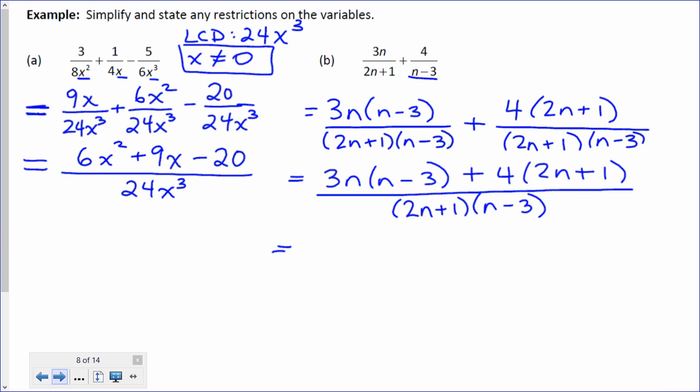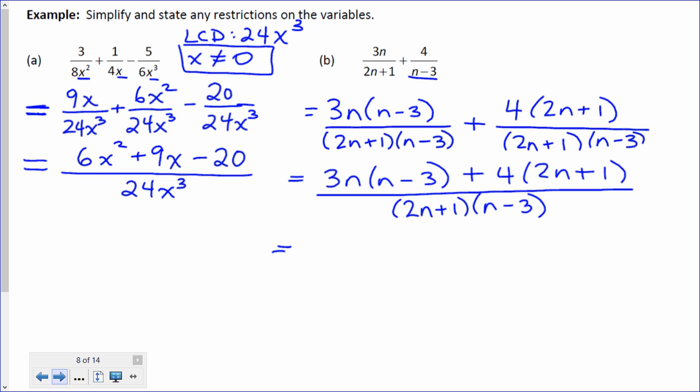Before I do that, though, I want to put a word of caution right now because I've seen several students do this. They get to this step, and then they cancel. Do you get why that's illegal canceling? You can only cancel when everything's factored, and we just said the numerator is not factored, right? So don't do that. You can only cancel out if everything in the numerator and denominator is in factored form.